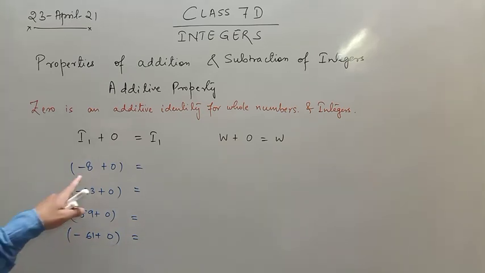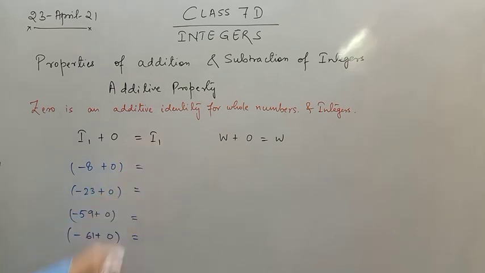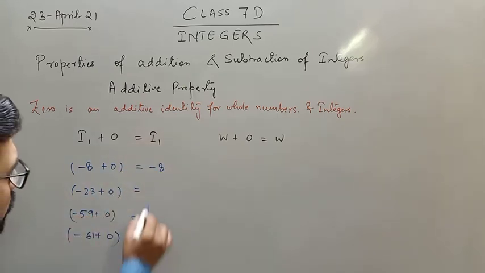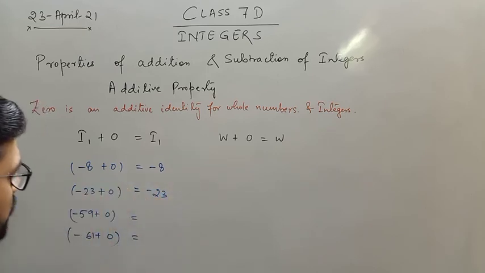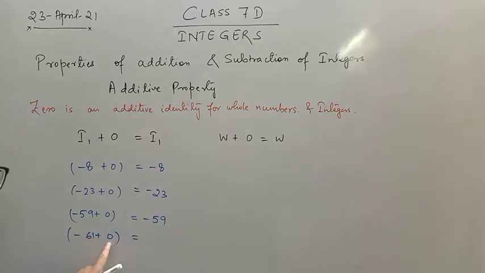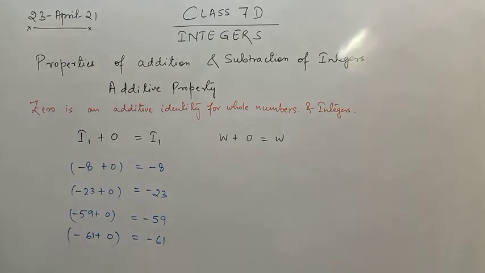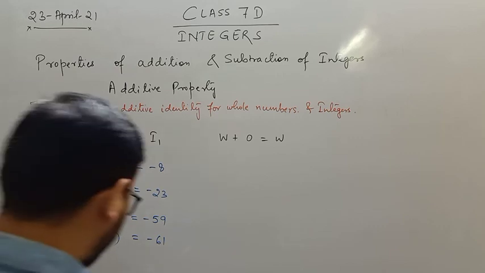So minus 8 plus 0, the result will remain an integer, that means minus 8. Minus 23 plus 0, again I'll get minus 23 as a result. Minus 59 plus 0, again I'll get minus 59. And minus 61 plus 0, again I'll get minus 61. Any doubt in this?